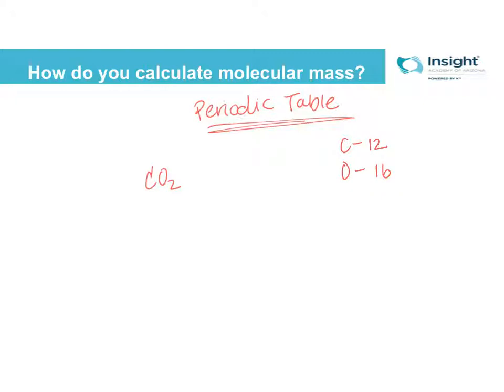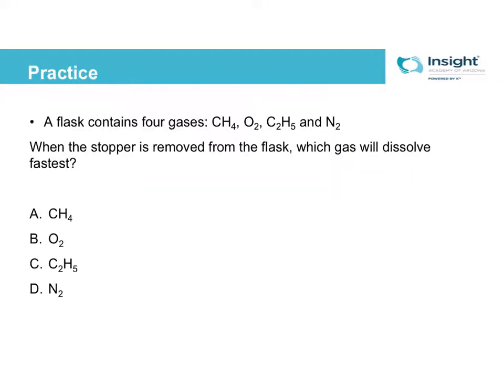I'm just rounding these to the nearest whole number, which is fine, because technically it's like 12.001 and 15.999. Then, based on my formula, I put in 1 carbon and 2 oxygens, which will give me 44 grams per mole. So keep a periodic table handy so that you can calculate these.